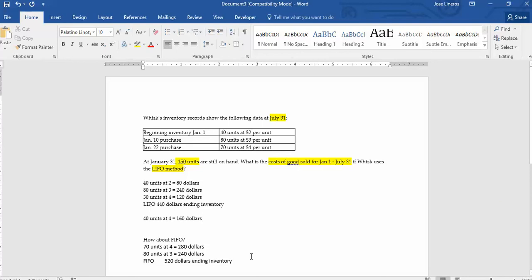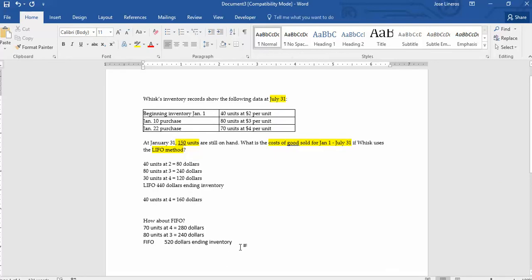Now let's look at FIFO. FIFO means first in, first out. Now we know that under FIFO, the ending inventory was 520. It was this 70 and this 80. So by default, first in, first out means these are the first layers coming in. Oh, and this is oldest, newest, newest.